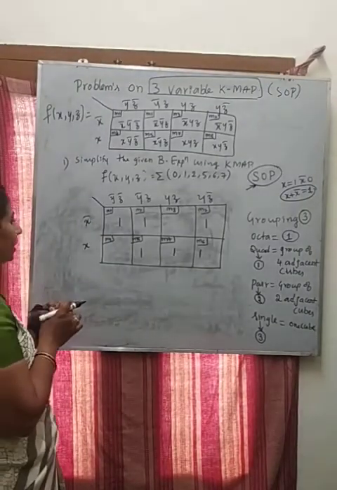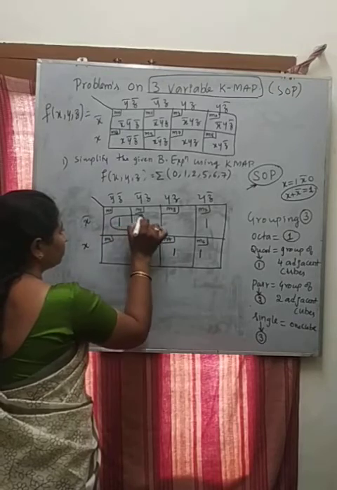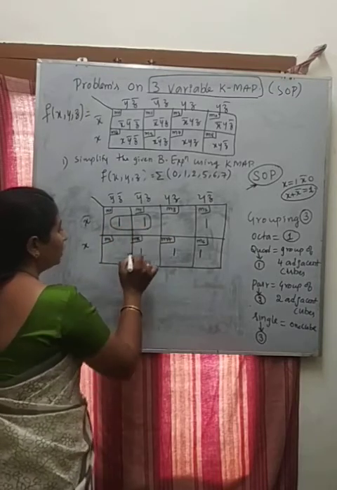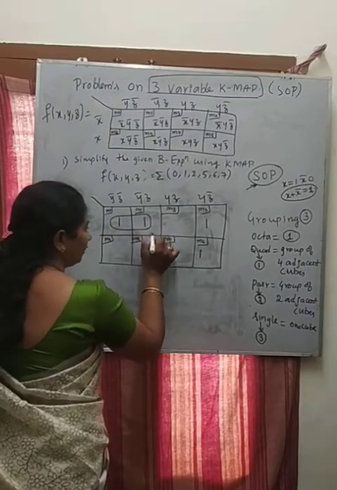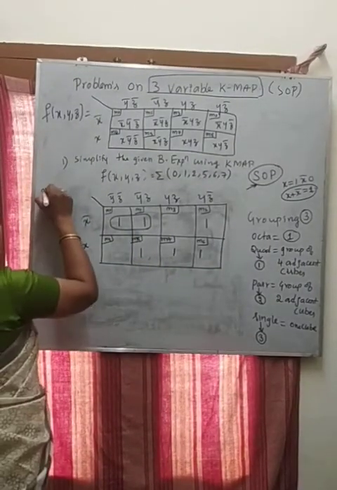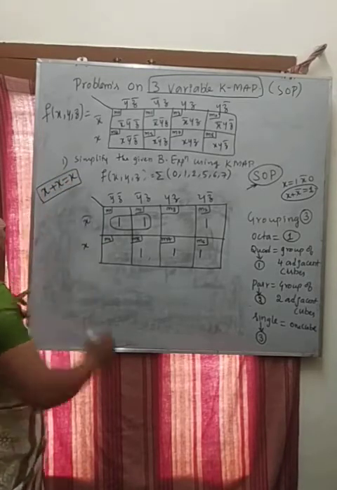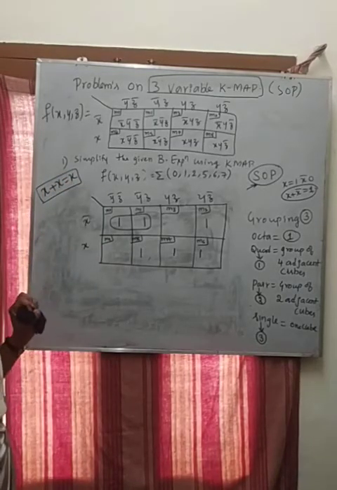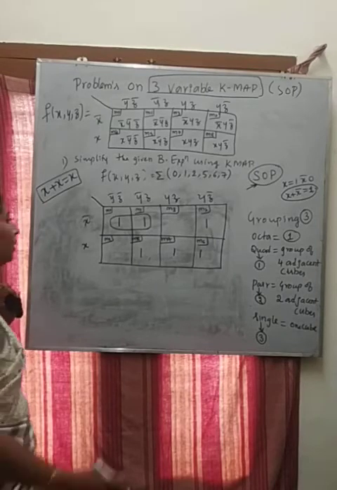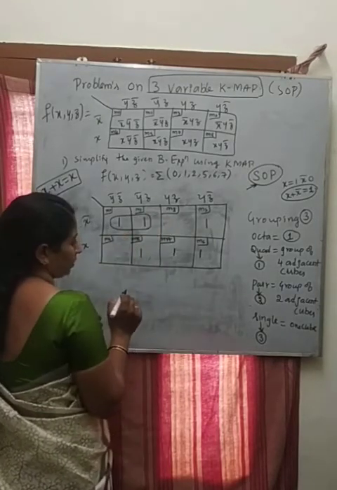Please notice here, these two I can make one group. These two also possible. But while grouping, remember your idempotence law, repeated terms should not come. So M1 is already grouped with M0.